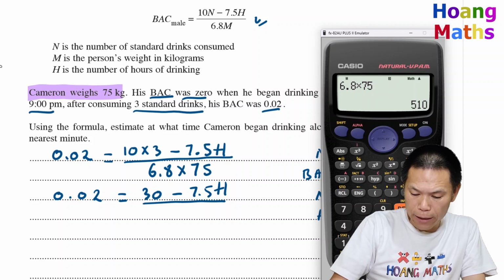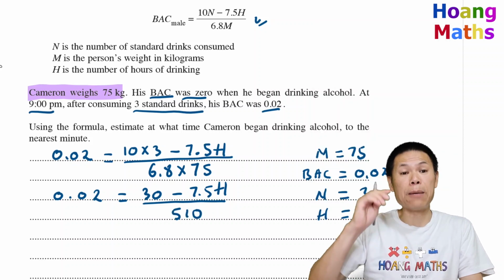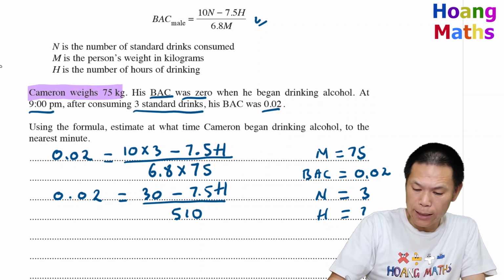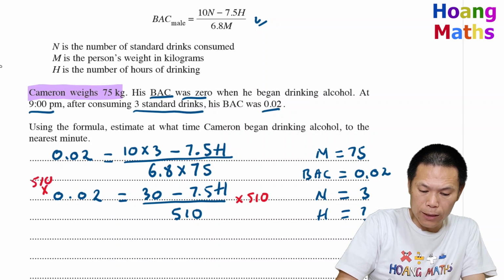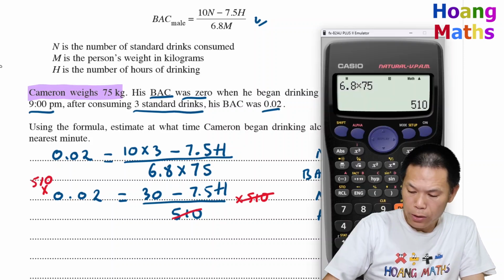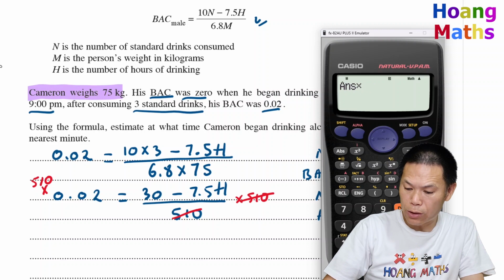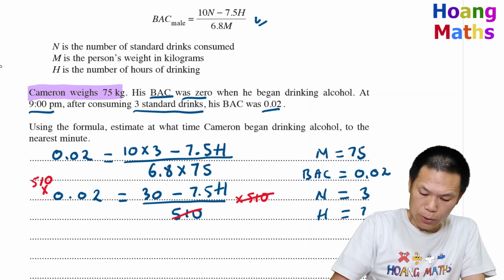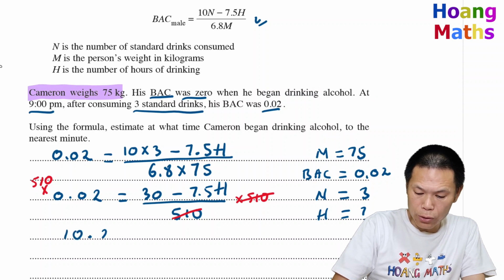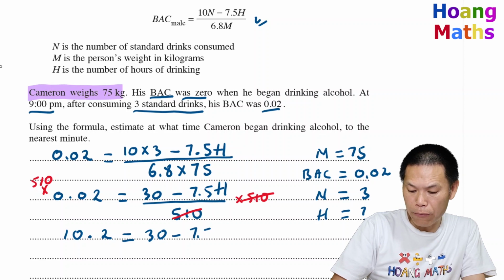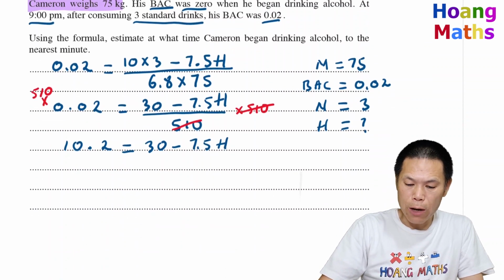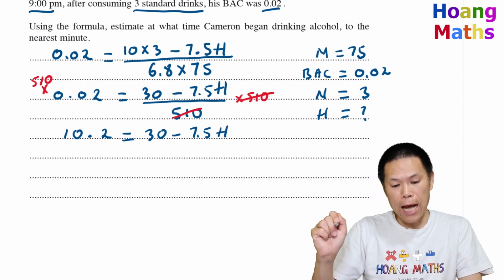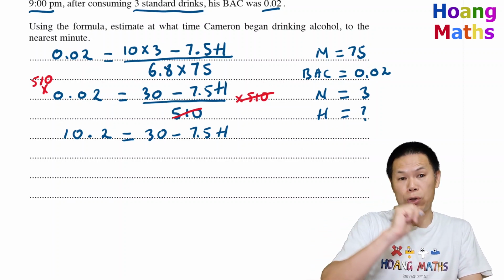So 510. And I times 510 on both sides. So that cancels out. So I just go answer times 0.02. 10.2. So 10.2 equals 30 minus 7.5 H. So now what I do, I move H to this side and the 10.2 to this side.